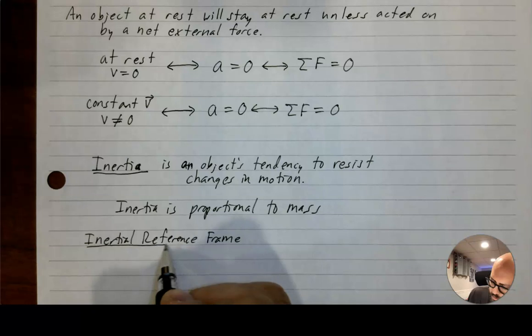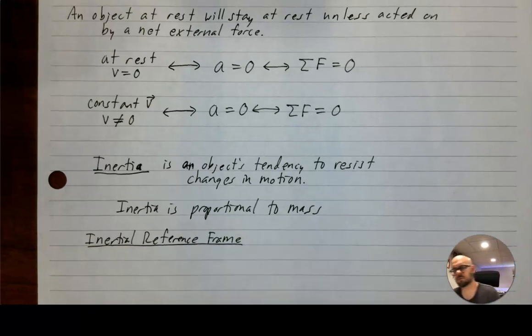So when you observe something, your body, and therefore your eyes, can be in motion or not. And if your body is in motion, then it can be a constant velocity or it can be accelerating. And so depending on the conditions of your body, you can be observing things that are either happening or not happening. And so inertial reference frames are very important for us.